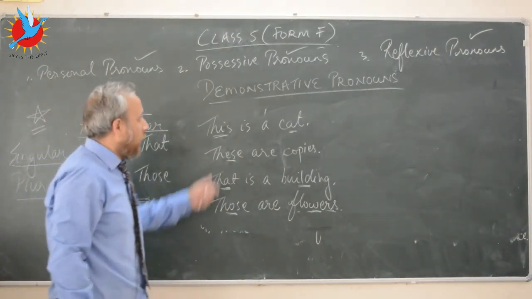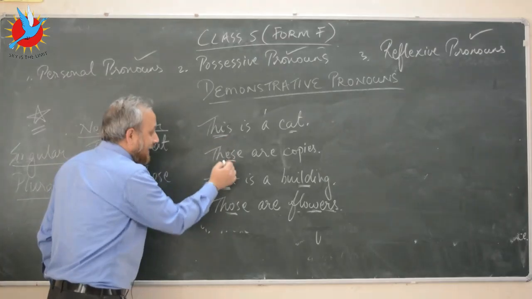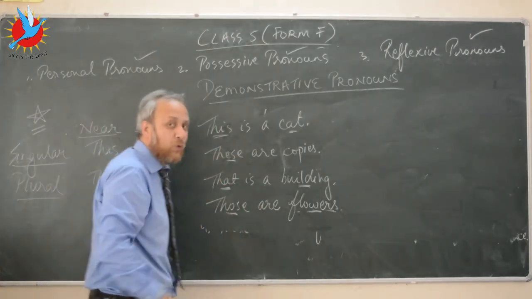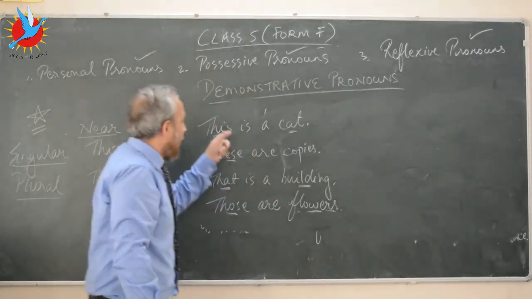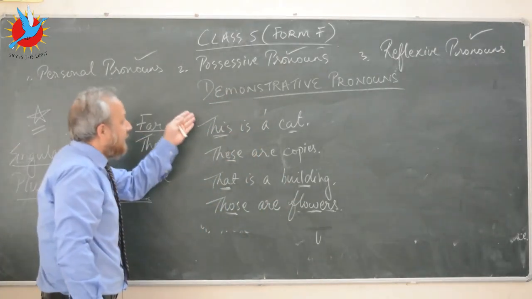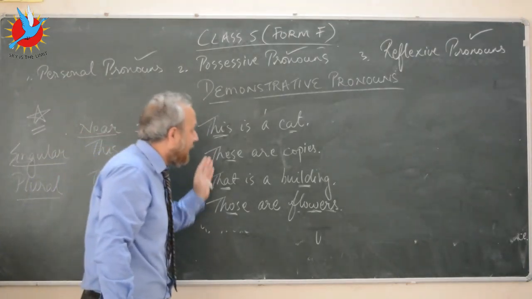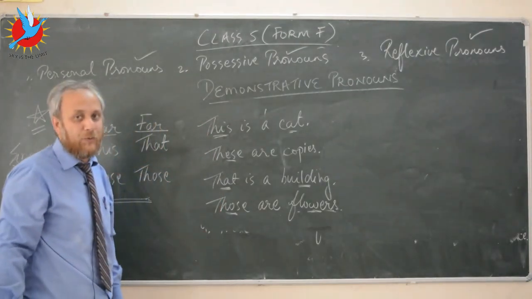So the words this, these, that and those, the way these words have been used to point to a noun or nouns in these sentences, these words function like pronouns. So that's why we call these demonstrative pronouns.